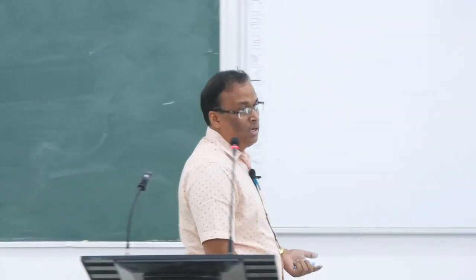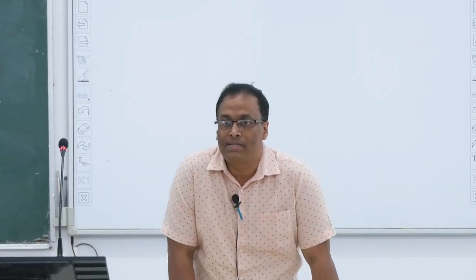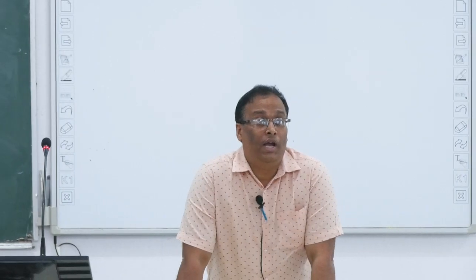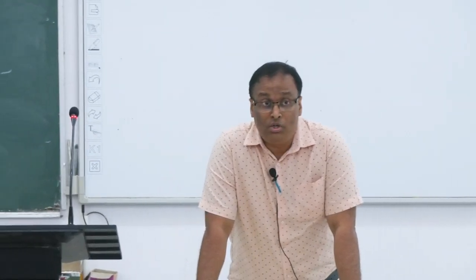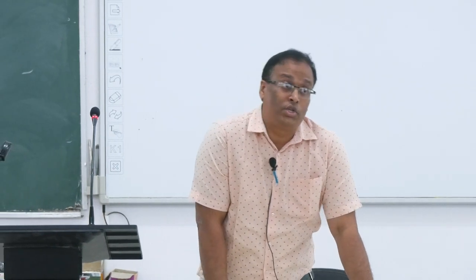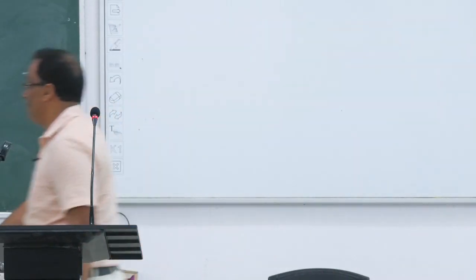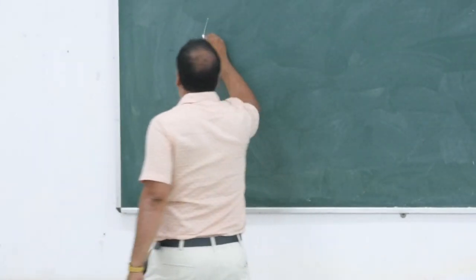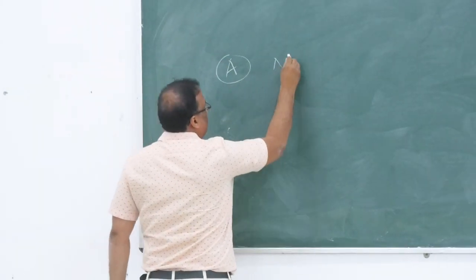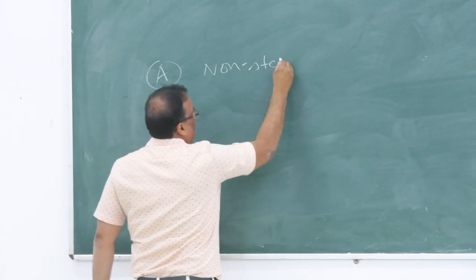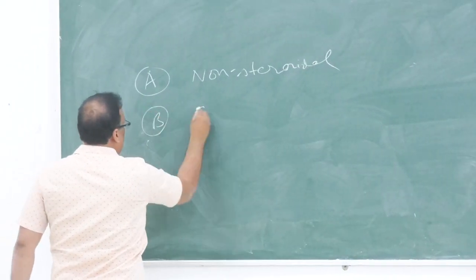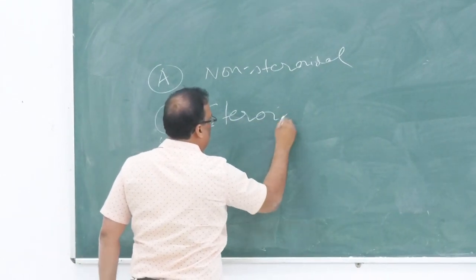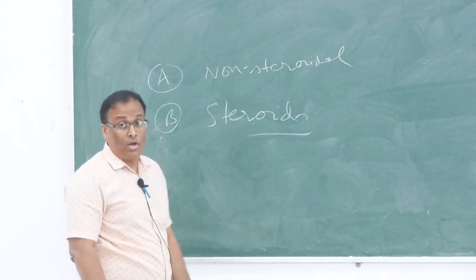Now the question is, what are the types of hormones and how do they act? There is a general rule. Grossly, if we divide hormones, they are non-steroidal and steroid hormones. There is no need to memorize.